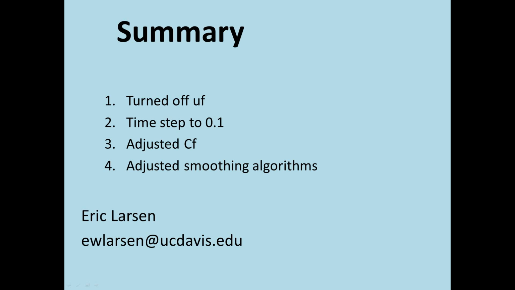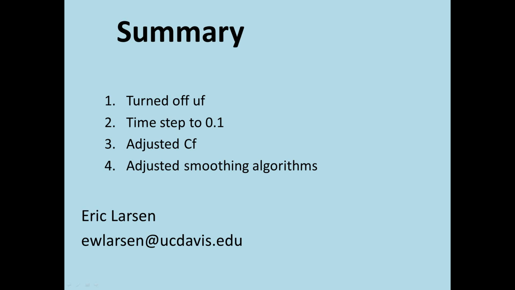And so turning it off maybe loses 5% of your accuracy, but it often makes the code run when otherwise it doesn't. One of the clues is if you start to get an overly wiggly channel, or channel starts to cut back on itself, then turning off the U sub F is one of the first things to do.